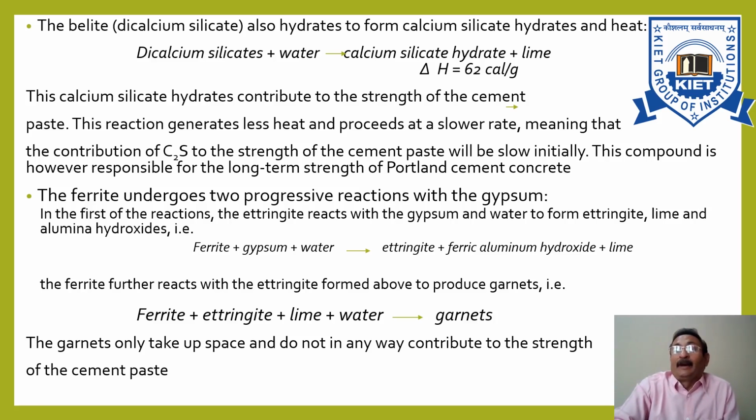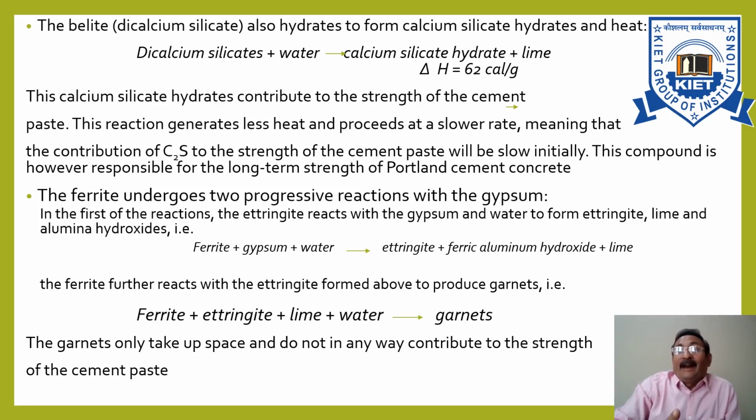When I am discussing ferrite, it undergoes progressive reaction with the gypsum. Since two reactions are happening, in the first reaction, ferrite plus gypsum plus water makes ettringite plus ferric aluminum hydroxide plus lime.